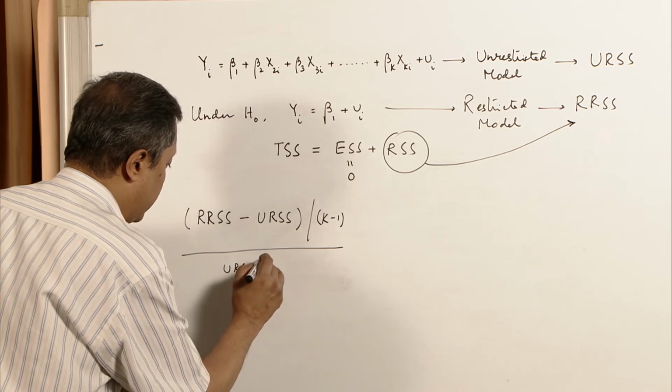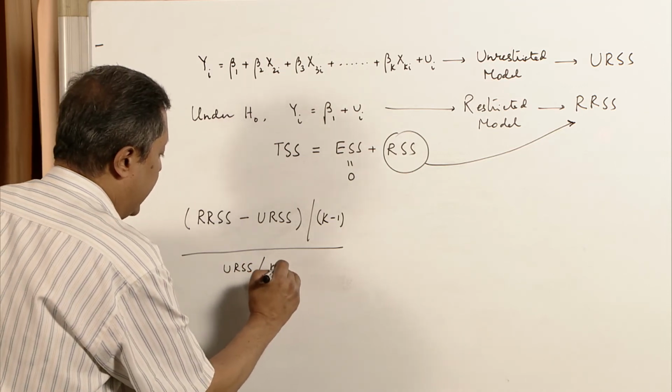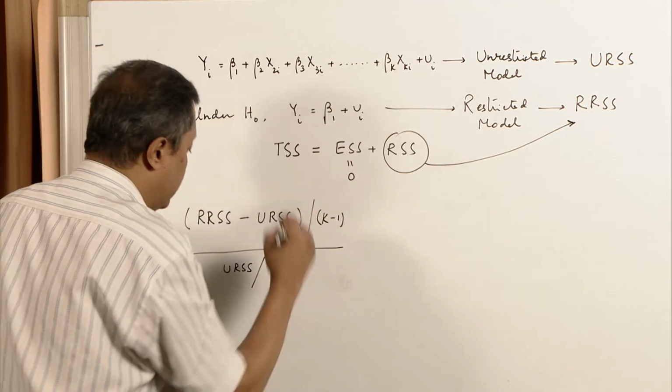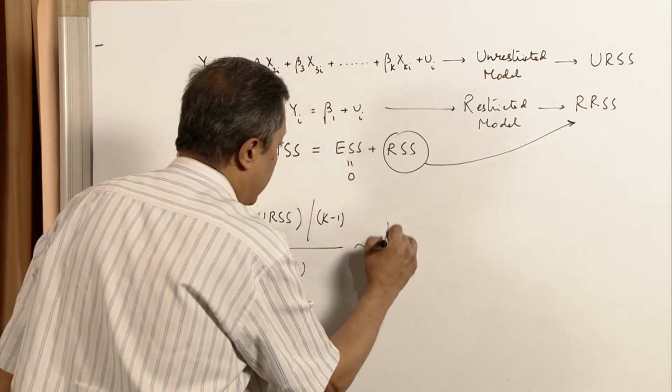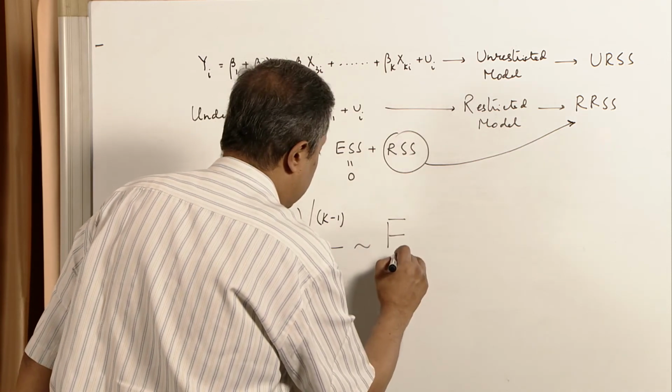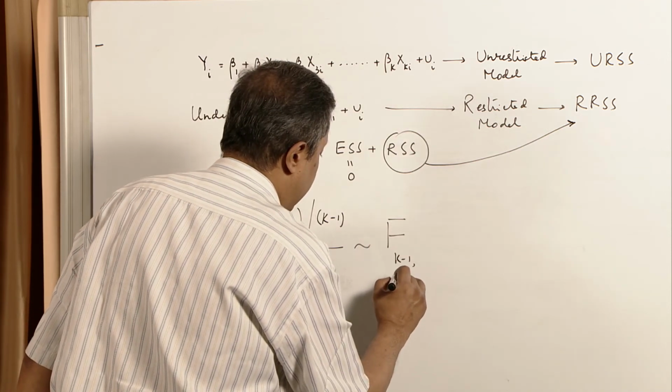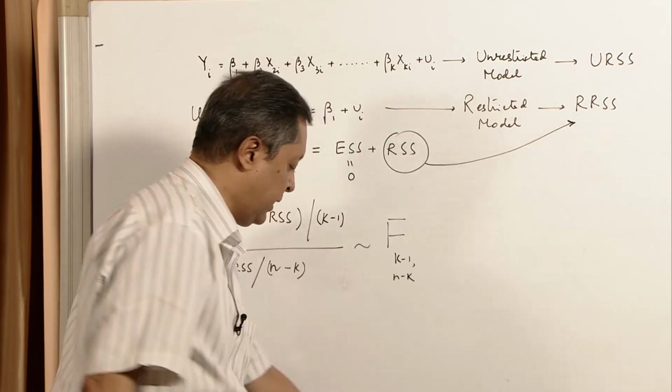In the model with n observations and k variables, that means n minus k. So, that will follow an F distribution with k minus 1 and n minus k degrees of freedom.